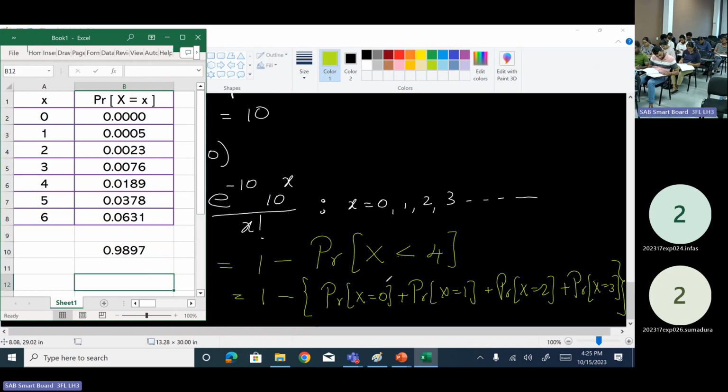The individual values of each one are here. I have just dragged, you need only up to the third level.